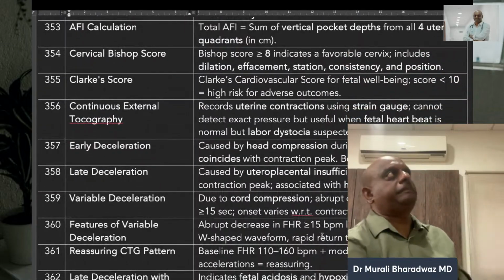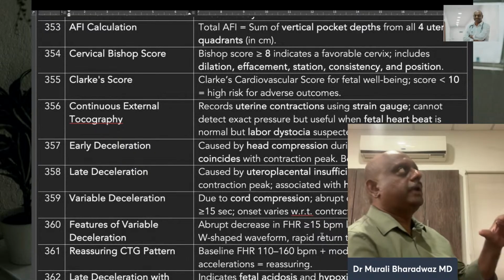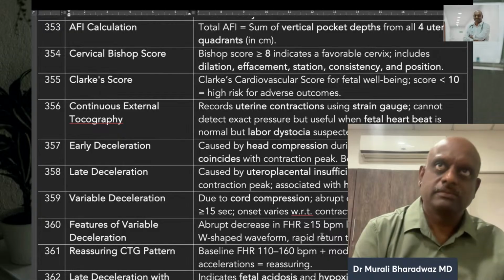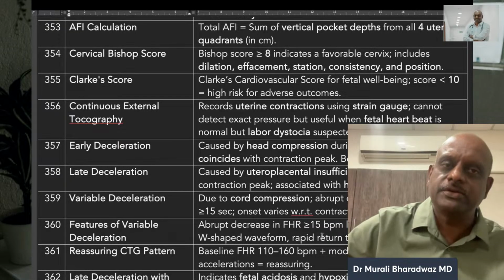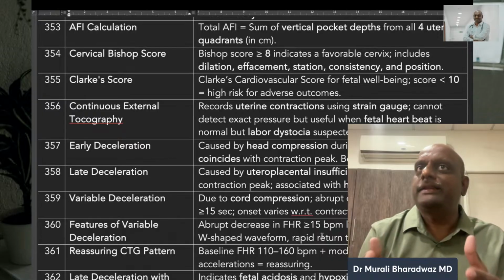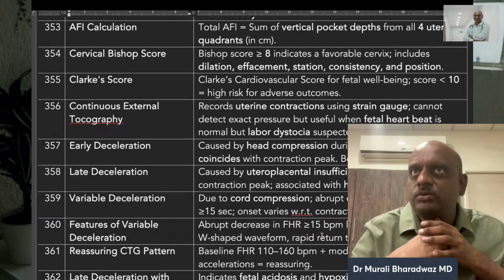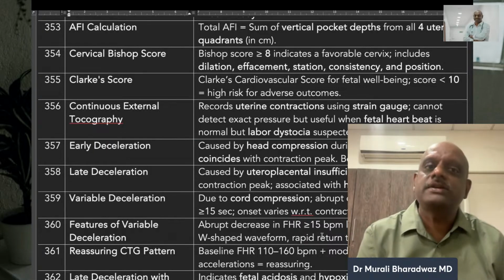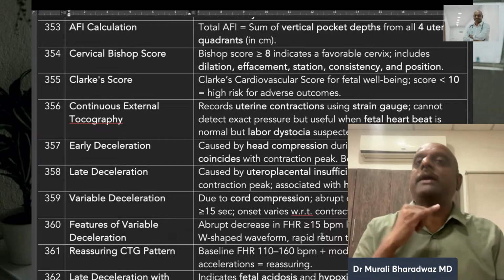Then, Bishop's score, very important. Whenever you are doing induction of labor by giving oxytocin and other uterotonic agents, you need to see whether the cervix is ready to propel the baby and deliver. That is assessed by the Bishop score. So the Bishop score, what are the criteria?